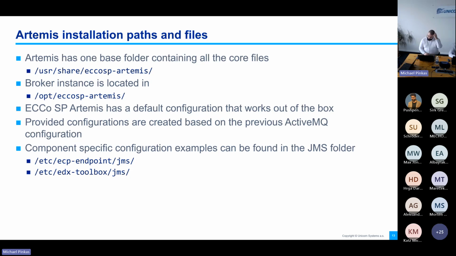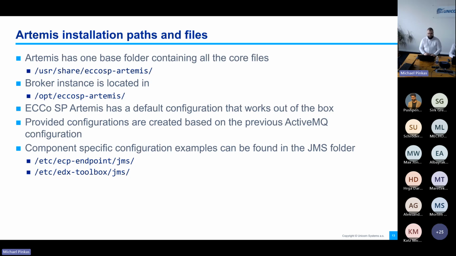Artemis comes with two folders, one base folder, which contains all the core files, which mainly are the jar files containing the actual broker. And then there is a broker instance, which is created from this core folder. It is basically a lightweight instance of the broker, which is actually run.